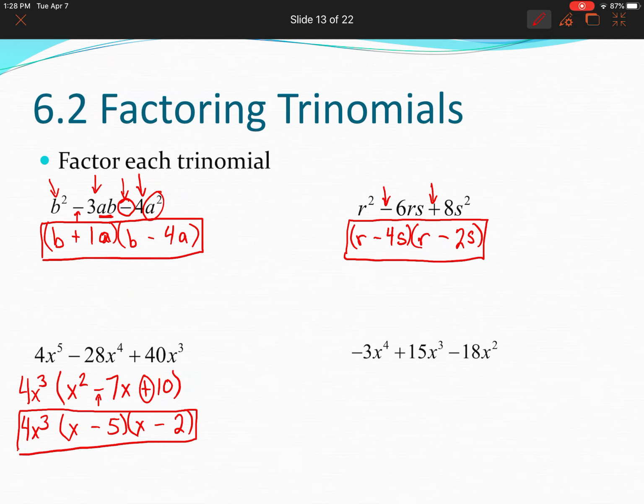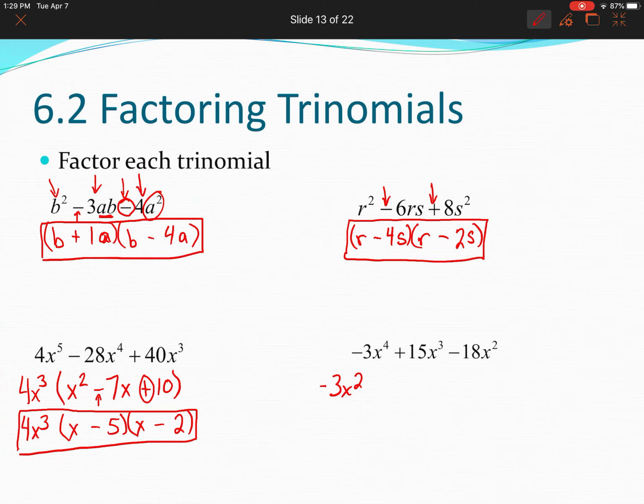Now, look at the last one. This time, we do have a common factor again. There's 2 x's in every term, and also each number is divisible by 3. So 3, 15, and 18 are all divisible by 3. And so when we factor that out, we're going to factor out 3x squared.